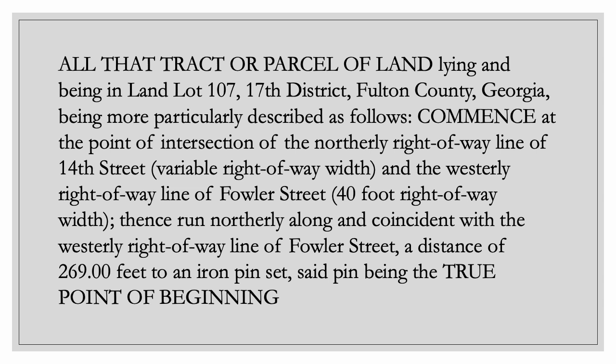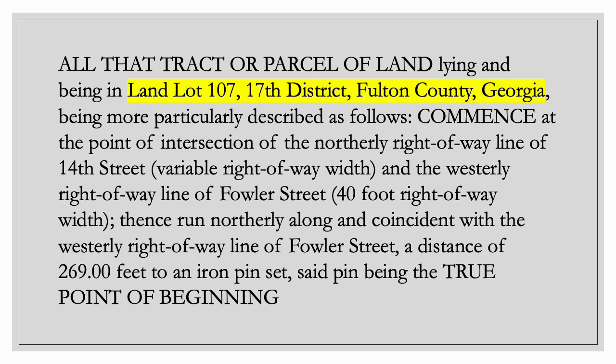Thence run northerly along and coincident with the westerly right-of-way line of Fowler Street, a distance of 269 feet to an iron pin set, said pin being the true point of beginning.